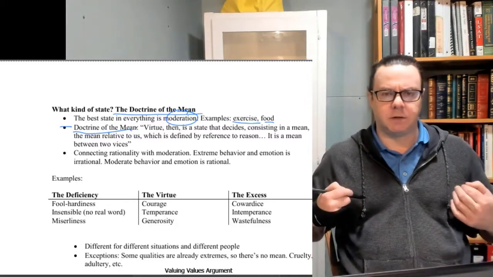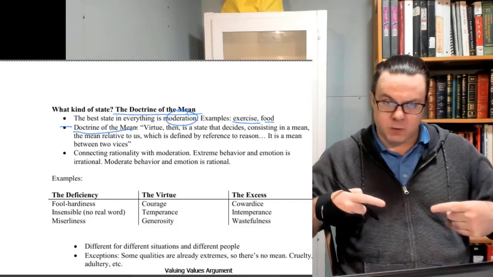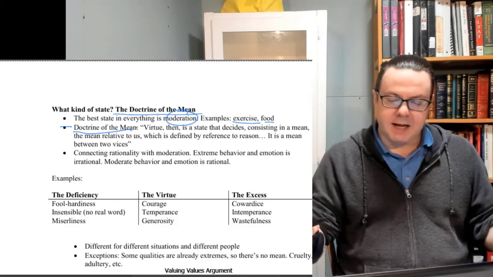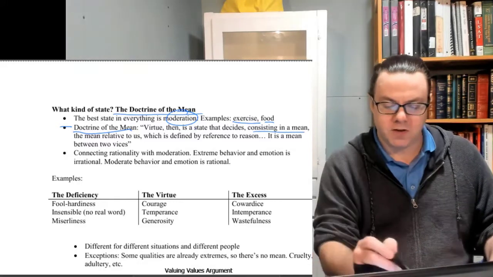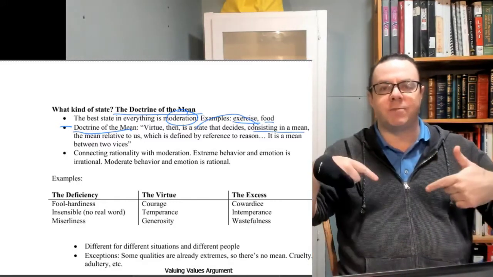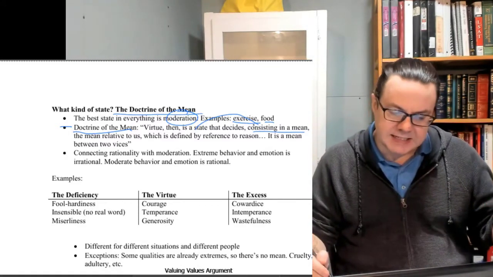So it's internal, a state, but what the state does is it makes decisions, right? And this state consists in a mean. So that refers to the way the person is. It's some character trait which is like a mean.